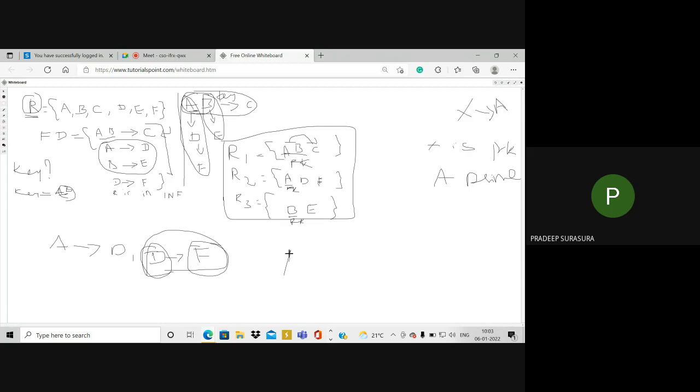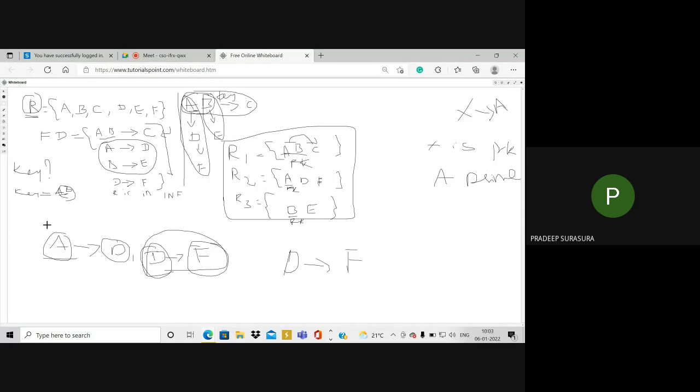Observe the dependencies D determines F and A determines D. Third normal form is satisfied when either of two conditions holds: A should be your primary key or D should be your key.